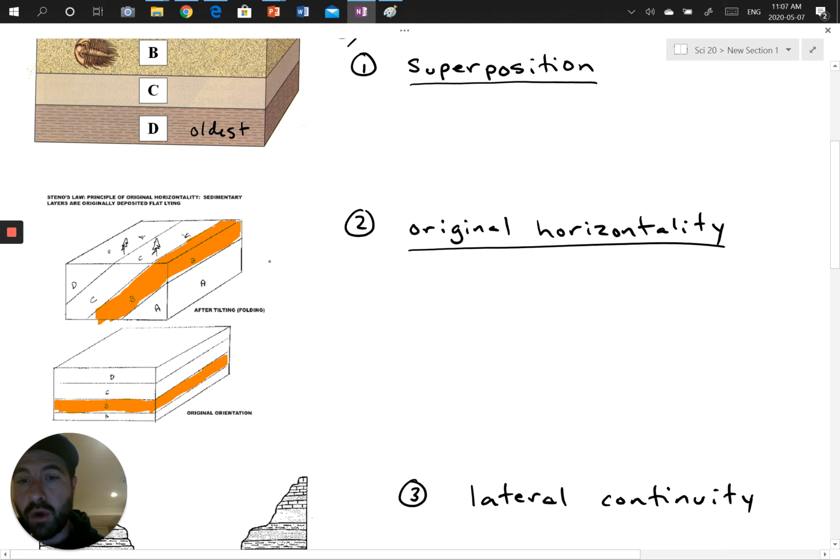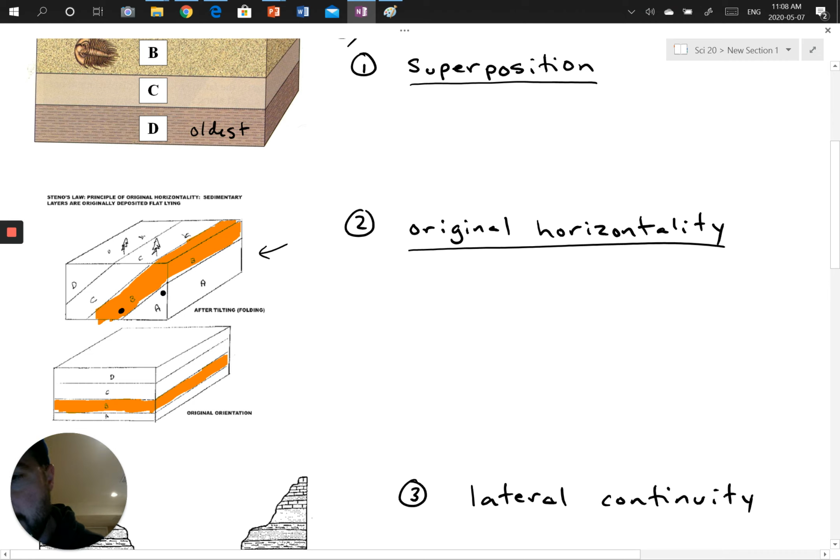So if I see a rock layer like this, there was some kind of folding or tilting that occurred, and now I have layers that are not totally horizontal, but we know that originally they were horizontal. So if I'm looking at some rock and I find an object in layer B that is down here, and an object in layer A that's up here.